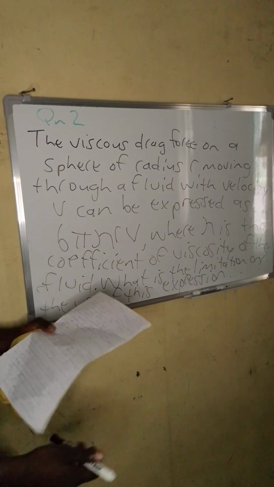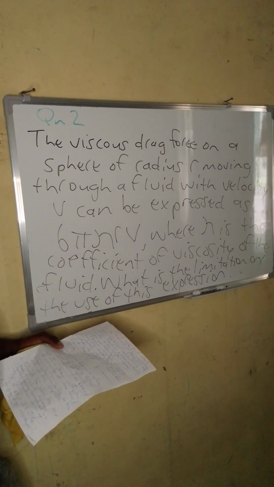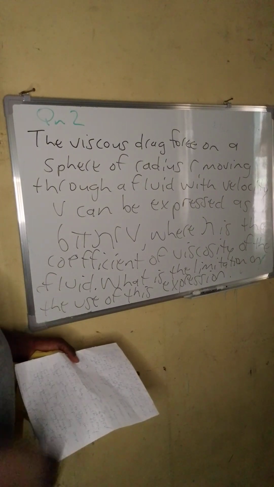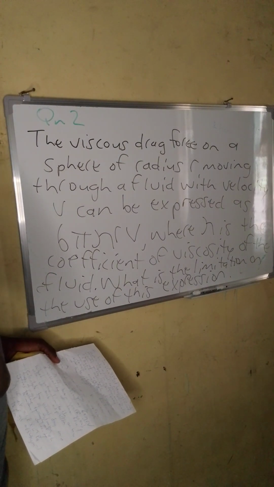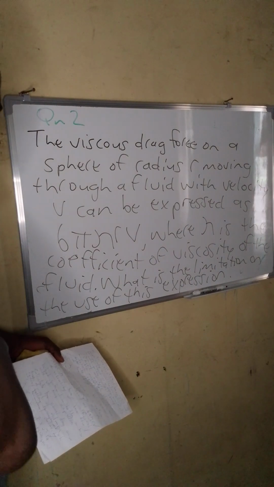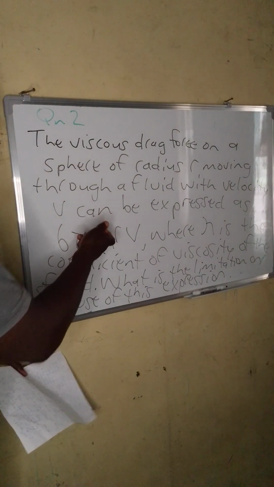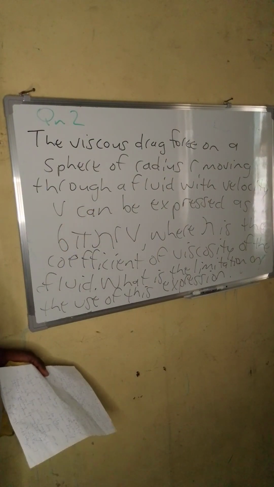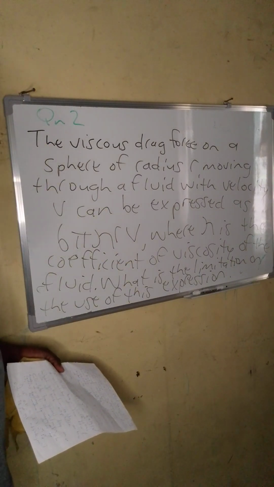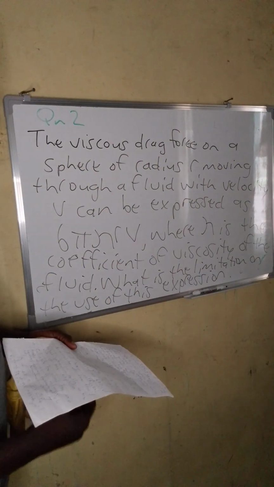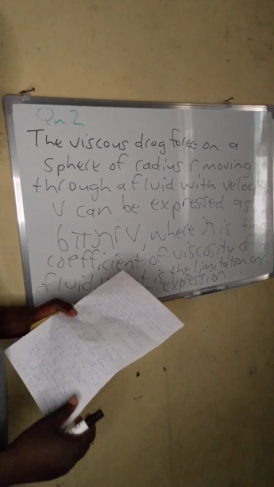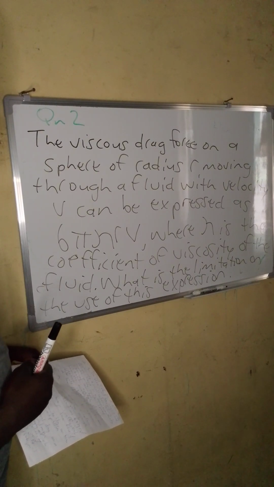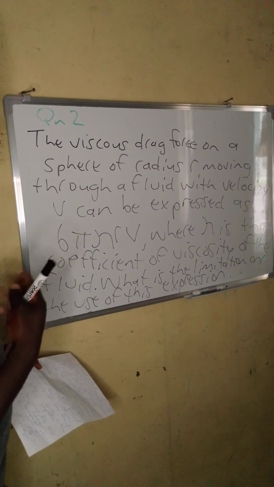The question says the viscous drag force on a sphere of radius r moving through a fluid with velocity v can be expressed as 6 pi eta r v, where eta is the coefficient of viscosity of the fluid. Here eta is the coefficient of viscosity, r is the radius of the sphere, and v is the velocity. There are certain conditions under which this equation is valid. So the limitation on the use of this expression simply means the conditions under which this equation is valid.